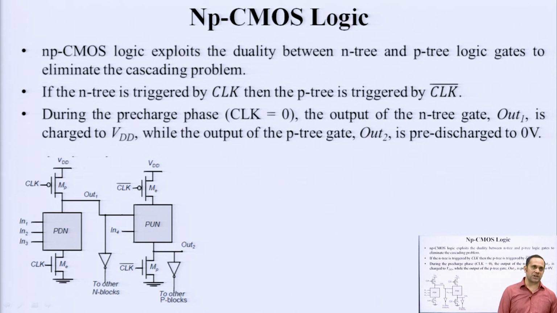If an n logic or n tree is triggered by clock, the p type block is triggered by the complementary clock, which we have just seen in the general structure and in the circuit diagram. During the pre-charge phase, when clock is 0, the output of the N network or N tree, out 1, is charged to VDD, while the output of the P tree, out 2, is pre-discharged to 0 volt. So this is a brief summary, again from a circuit point of view, of how np-CMOS logic works.